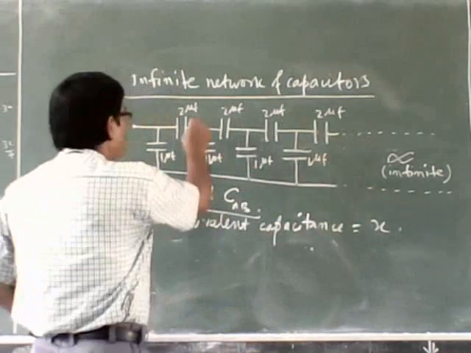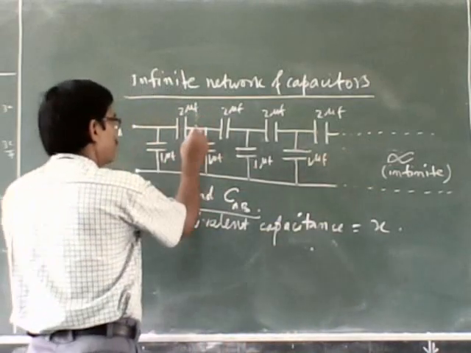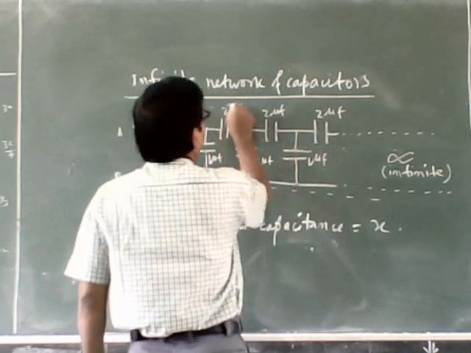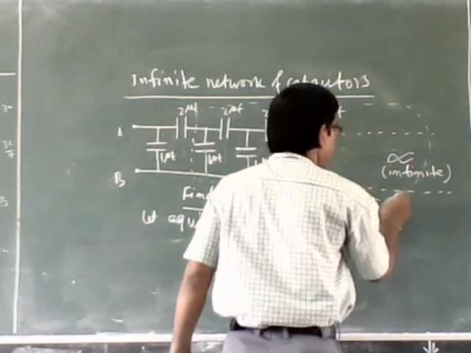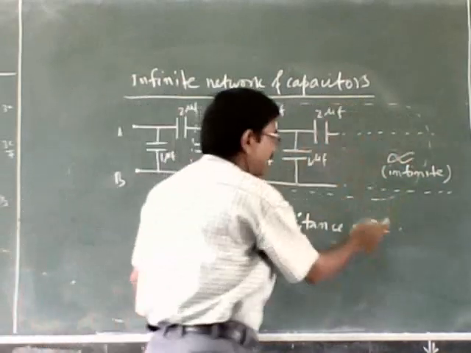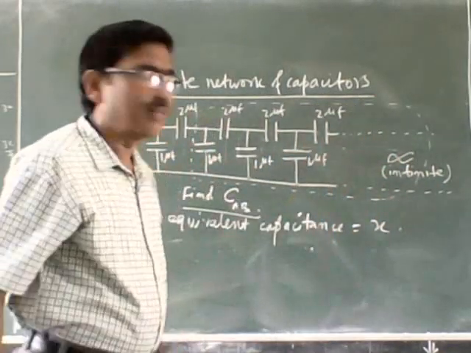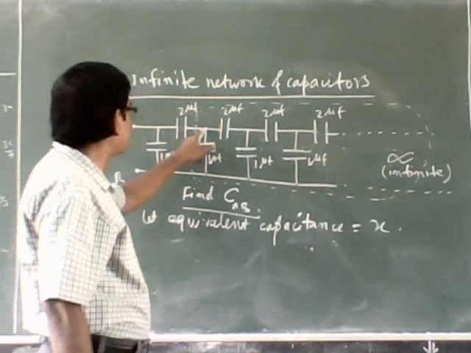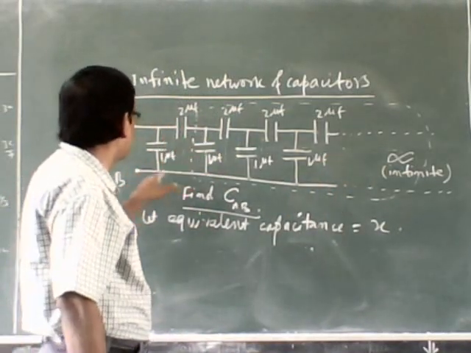So if you leave one unit and take the rest up to infinity, what will be the equivalent capacitance of these combinations? This will also be X. Then X is connected with this in series and again with this.